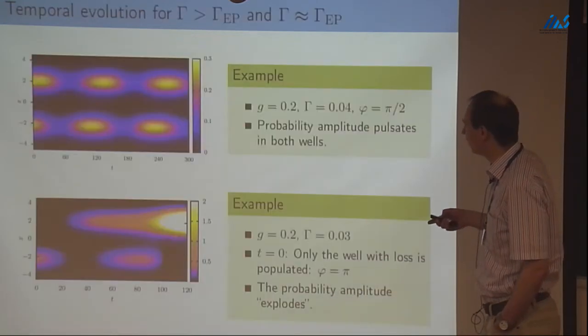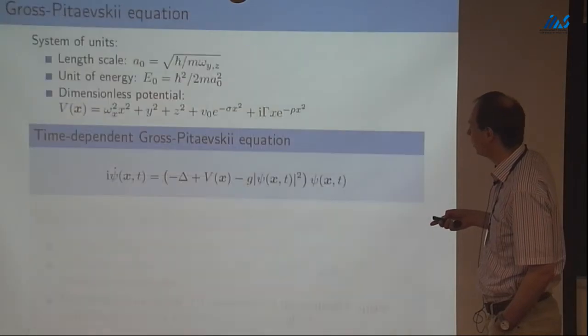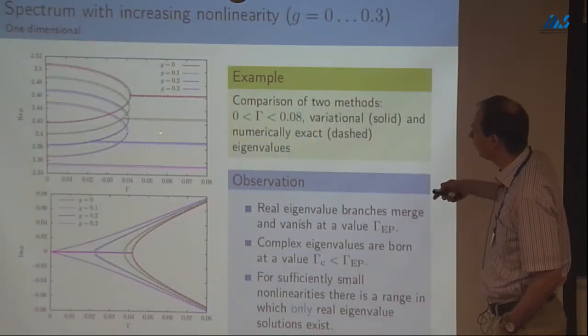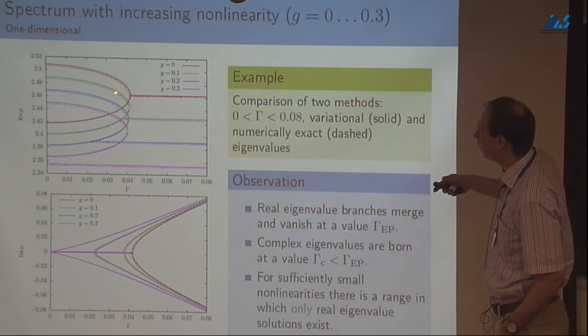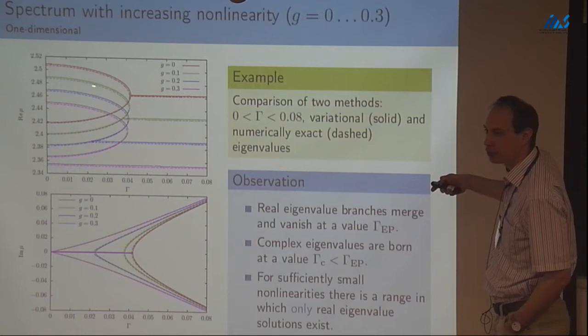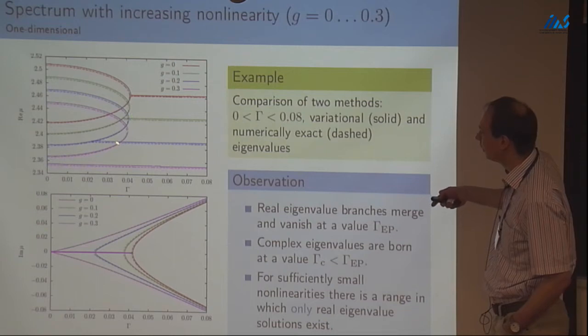Okay. It's not only that, you can see it here, only in the linear system, they emerge exactly at the point where the other two solutions, the real eigenvalue solutions, vanish. And as soon as we have this nonlinearity in effect, we have already here these complex eigenvalue solutions which bifurcate from one of these states.